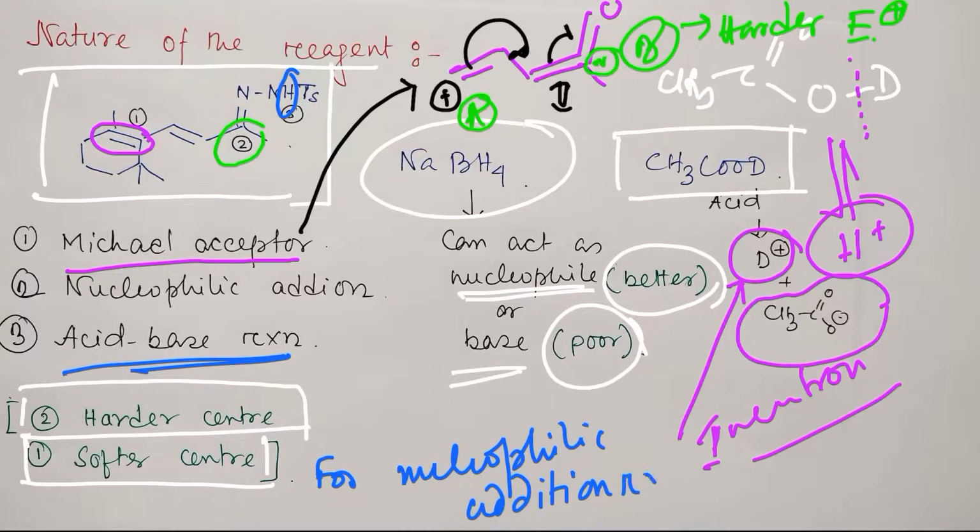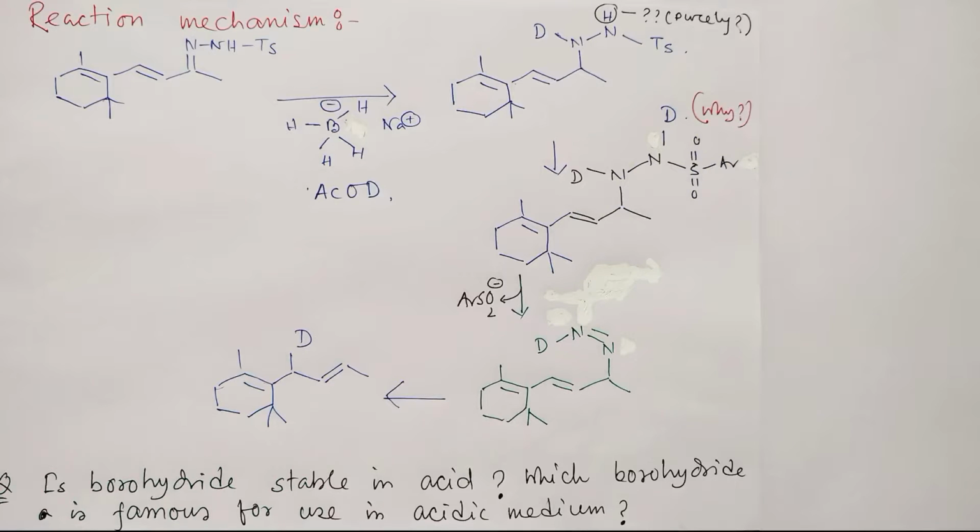Nucleophilic addition reaction. And who will act as the nucleophile? This sodium borohydride. Okay, let's discuss the mechanism. What can happen? First of all, see, the medium contains D plus. So what we can expect is that the hydrazone, let's discuss, this is N, this is NH and Ts.